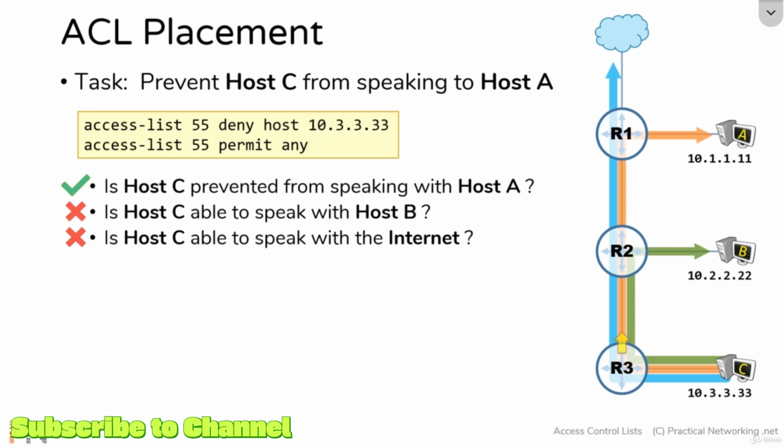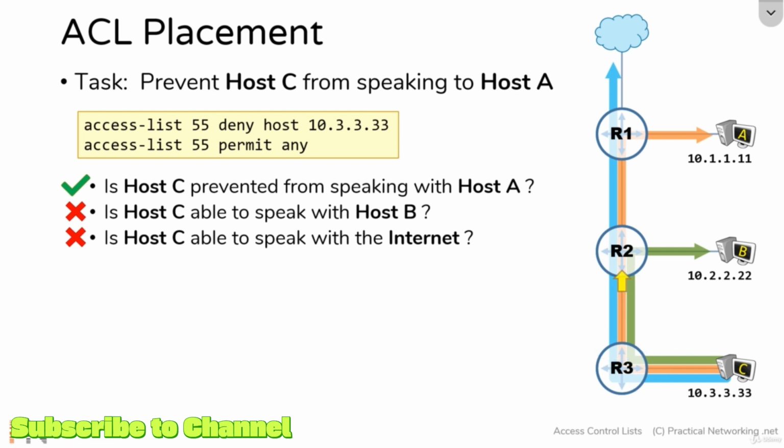If we move it to the next router interface in the path, since the path for host C to speak to any of these resources is still crossing our access list, we're going to end up with the exact same result. Host C cannot speak to host A, which is good, but host C is also unable to speak to host B or the internet, which is bad. So we've identified that here, here, or here is not the best place for our access list.